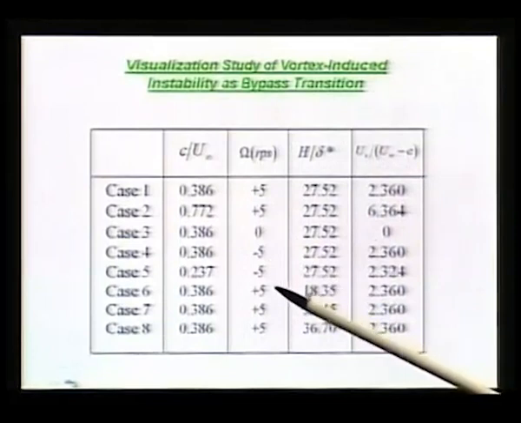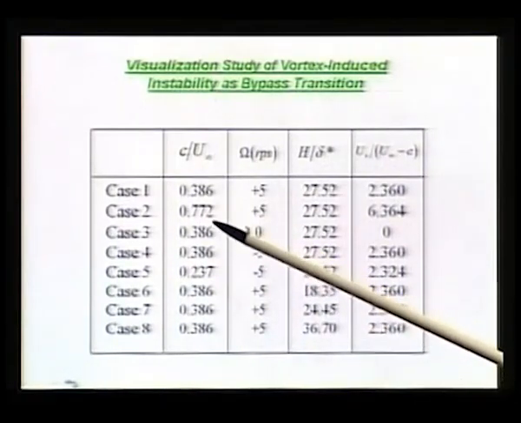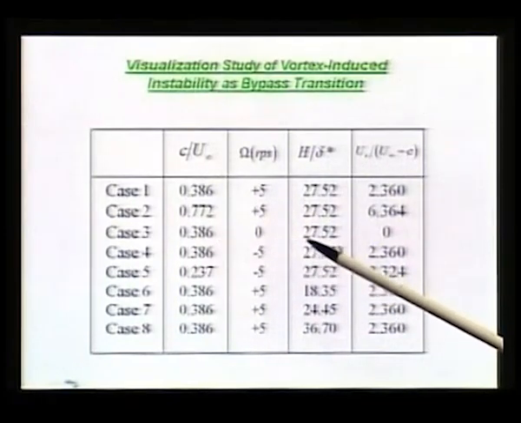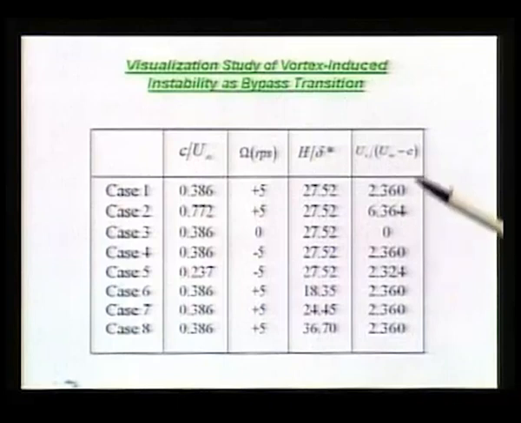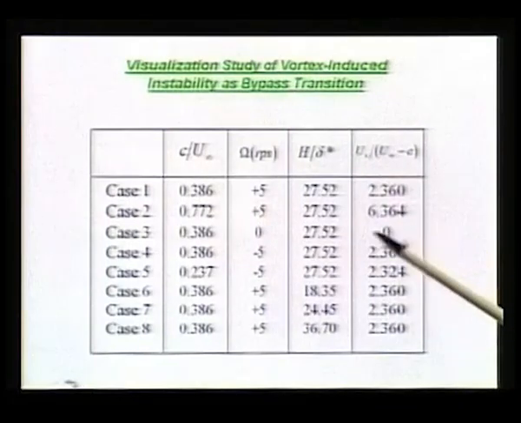The third case was created just to show the importance of the controlled nature of such a receptivity experiment. In this case the cylinder was simply translated, but there was no rotation, and of course, then this last parameter, which gives you the ratio of the surface speed divided by the relative speed of the free stream with respect to the cylinder, is 0. So, this is a case of a pure translating cylinder.